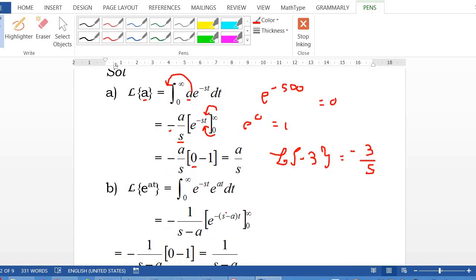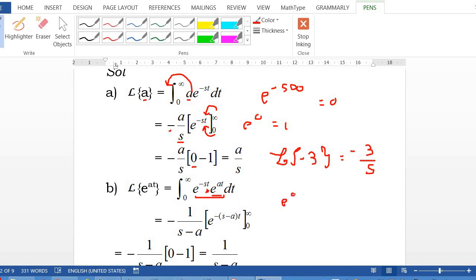Okay, the second one, the Laplace transform of exponent at. By definition of Laplace transform, we integrate exponent at multiplied with exponent negative st dt, from 0 to positive infinity. We have exponent negative st multiplied by exponent at, and we combine them.